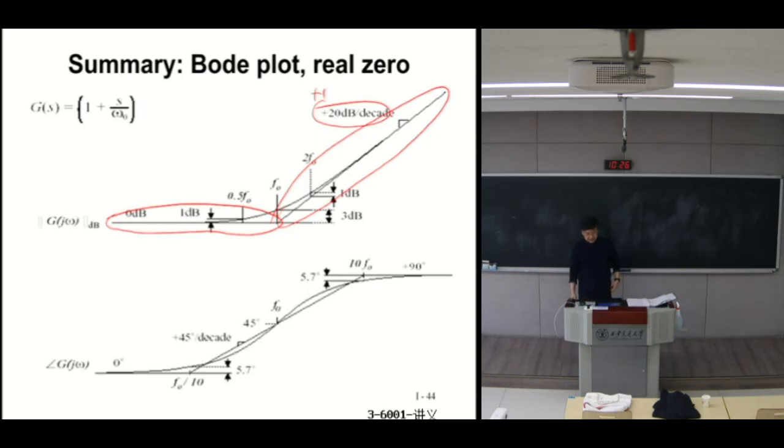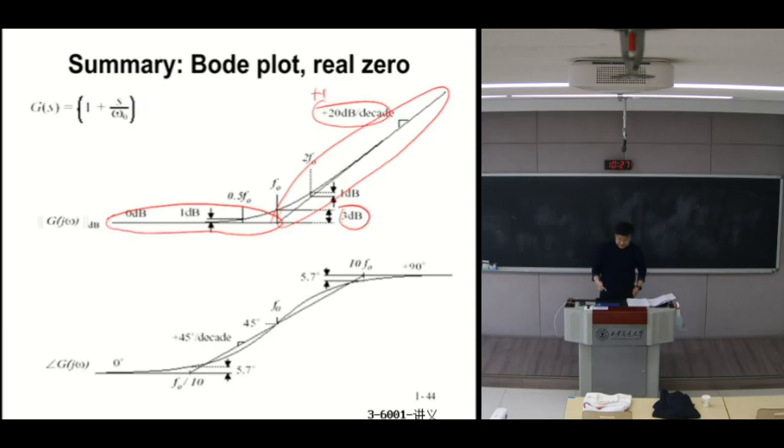You can imagine these asymptotes have a maximum error with the actual magnitude Bode plot of about 3 dB. The maximum error is still only 3 dB, so it is a very good approximation.